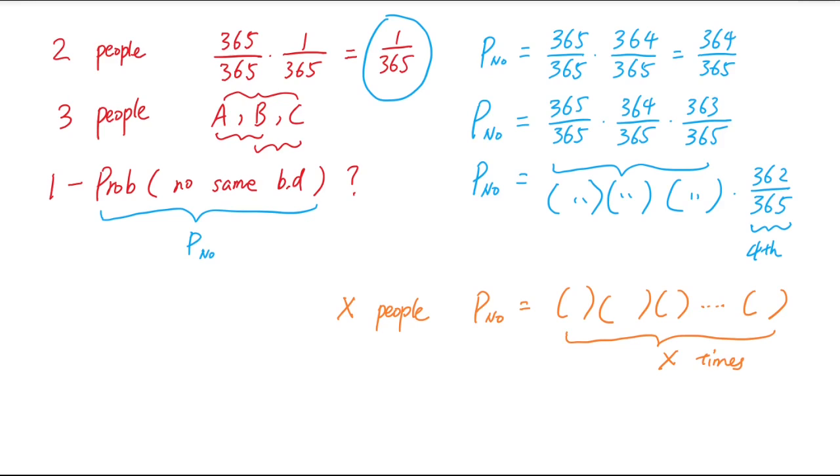To get the original question where some pair of people in the group have the same birthday, we'll go back to do 1 minus P of no same birthday, which is again this formula right here. It's quite hard actually to do this manually, but it's very easy to do this in Excel. And I'm going to show you a way to do this in Excel.